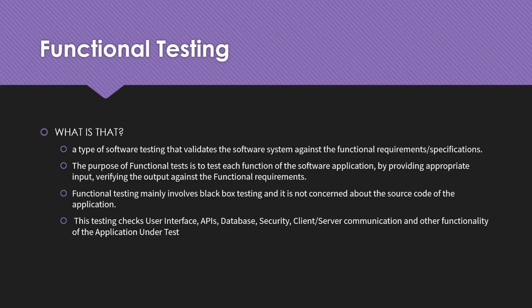Functional testing mainly involves black box testing. It's not concerned about the source code of the application. Functional testing checks the user interface, API, database, security, client server, and other functionality of the application under test. So we test for the user itself.